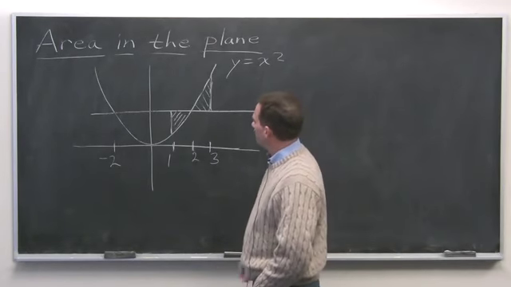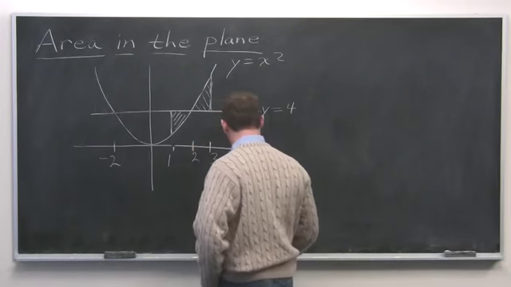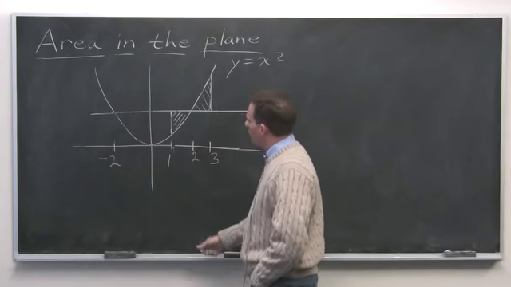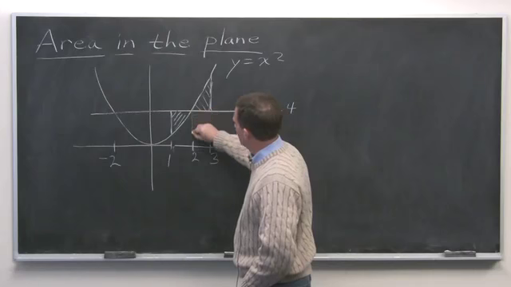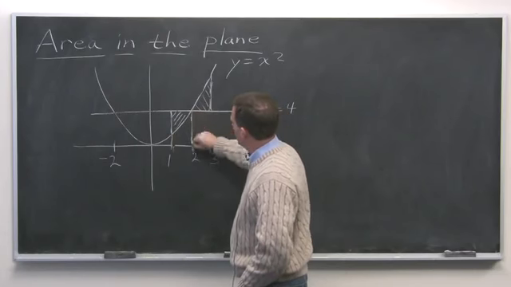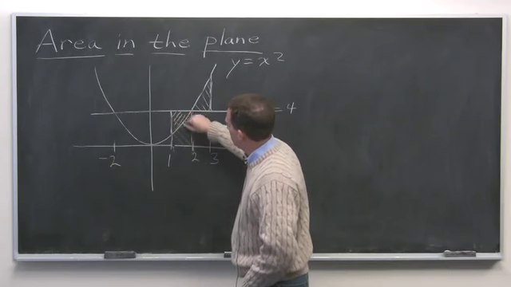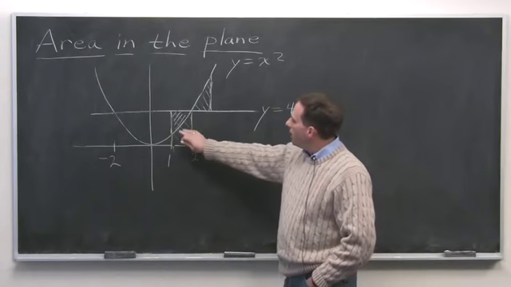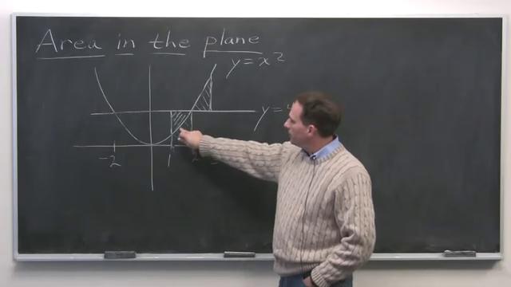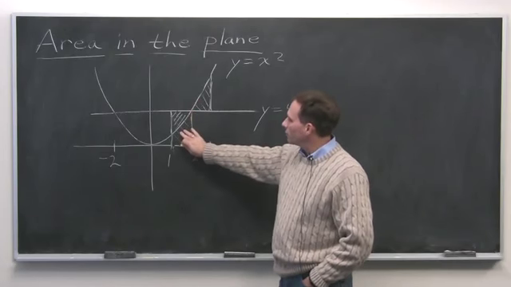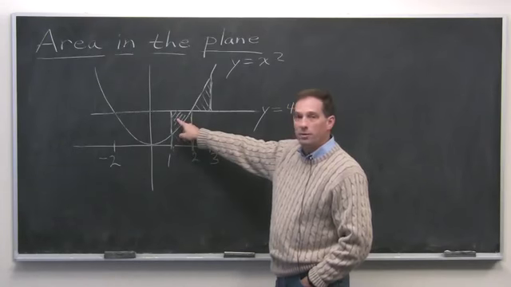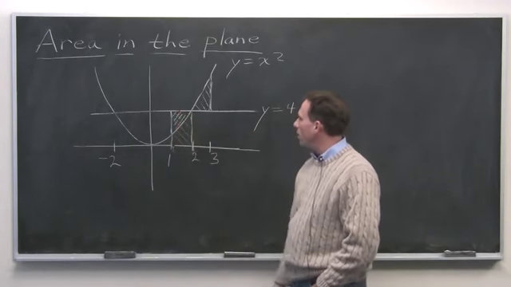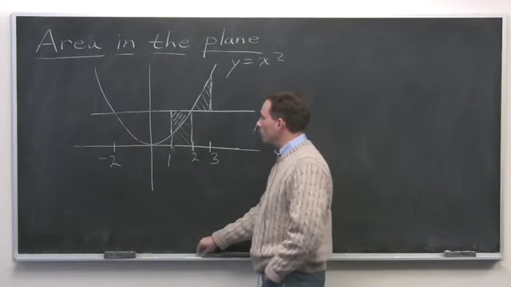Since we've already talked about area under graphs and above the x-axis, between 1 and 2 you could look at this rectangle below y equals 4 and above the interval from 1 to 2, and subtract the area below the curve y equals x squared and find that remaining area, the area that's below y equals 4 and above y equals x squared. So we could do that.